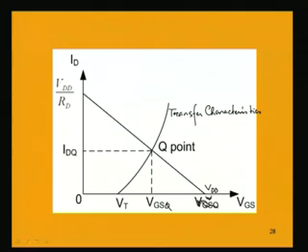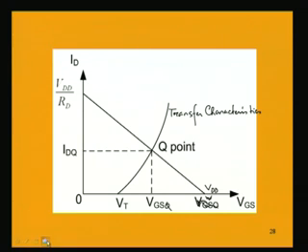So, we know the DC value of the gate to source voltage and the drain current from this Q point. This Q point selection must be properly done, so that during amplification we have the saturation condition maintained for the amplifier.